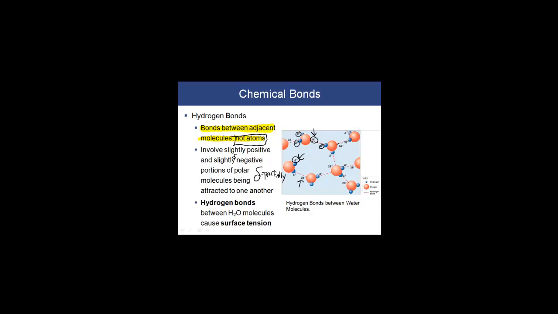And all of these attractions are hydrogen bonds. Hydrogen bonds are relatively weak compared to ionic and covalent. In fact, if you were to look at the bond strength, we would see that covalent is stronger than ionic, which is stronger than hydrogen bonds, for bond strength.